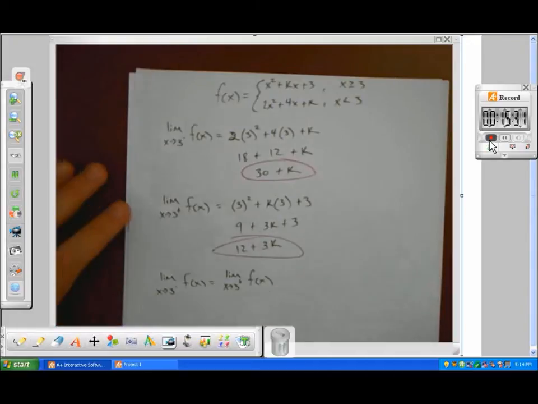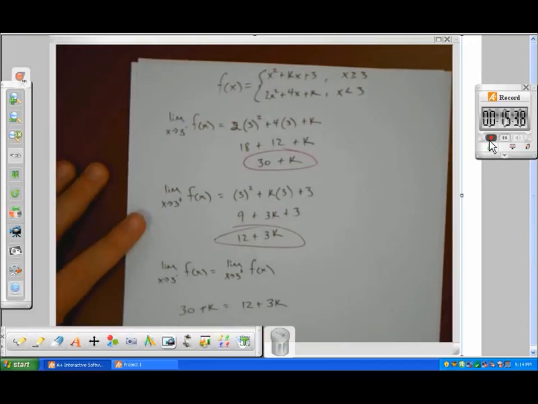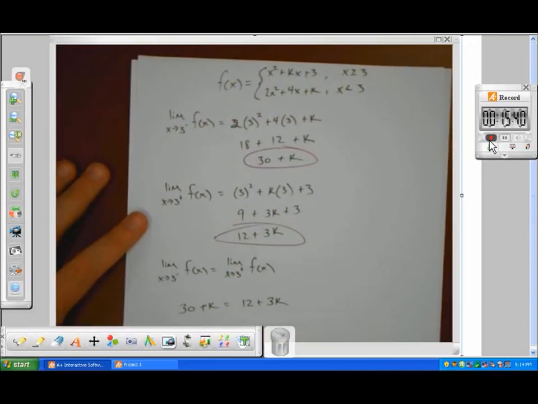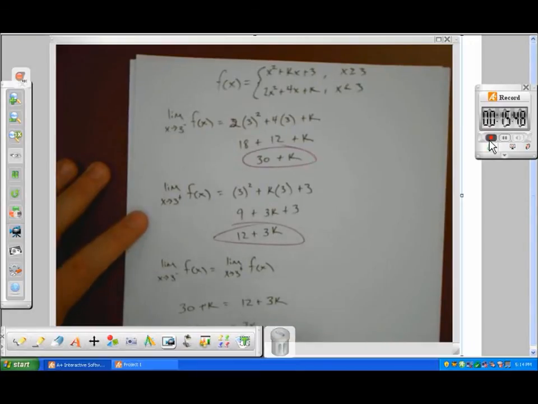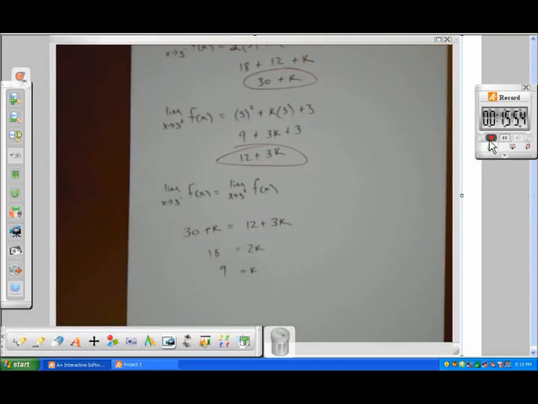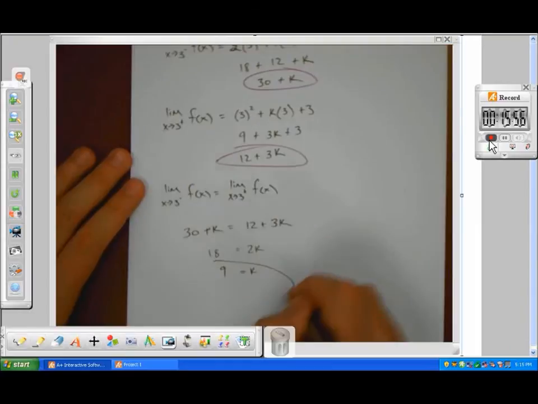So set them equal to each other. 30 plus k equals 12 plus 3k. Well, this would end up being 2k is equal to 30 minus 12, which would be 18, so k equals 9. As long as k is equal to 9, the limit would exist.